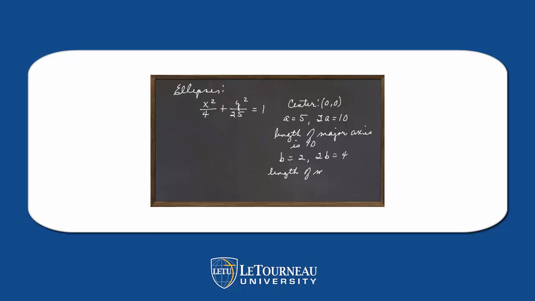So the length of the minor axis is equal to 4. And we call that a y-squared ellipse. I misspoke there, because the larger 25 is under the y squared term. So the major axis is on the y-axis in this case.